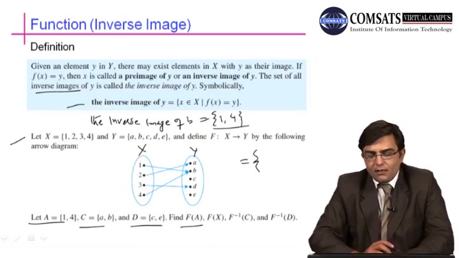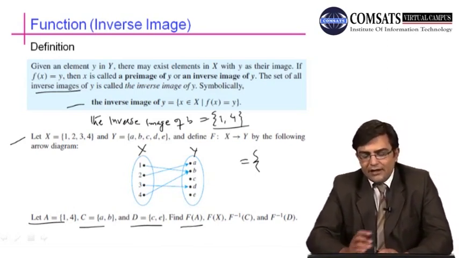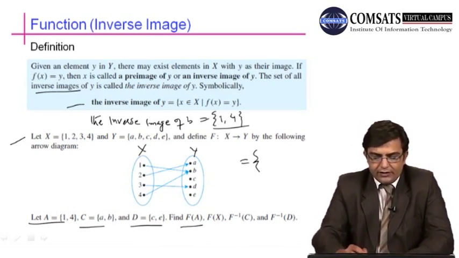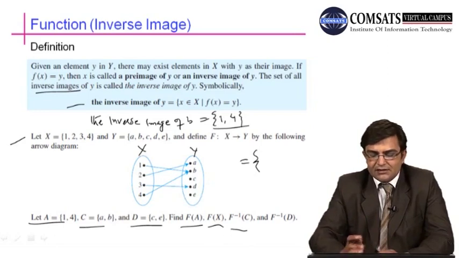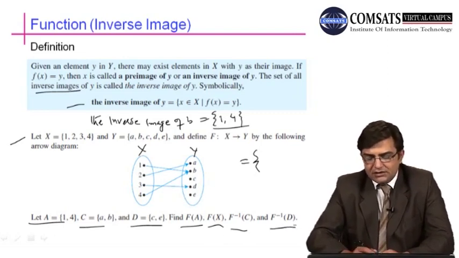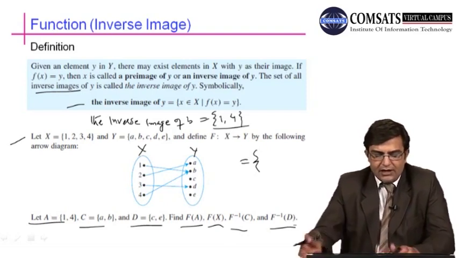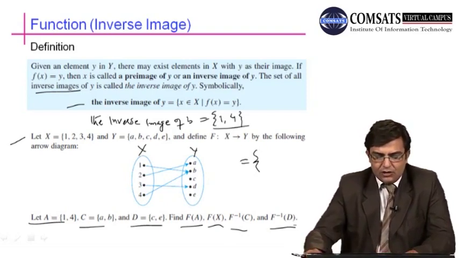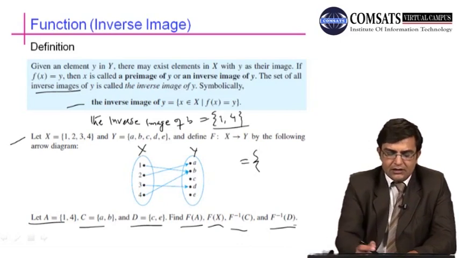Find f of A. We have to find the image of A. We have to find f inverse of C, meaning the pre-image of C, and the pre-image of D or inverse image of D. Now as you can see, A is {1, 4}, and what are the images of 1 and 4?